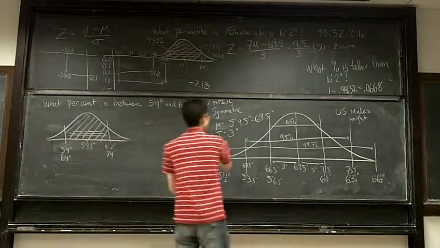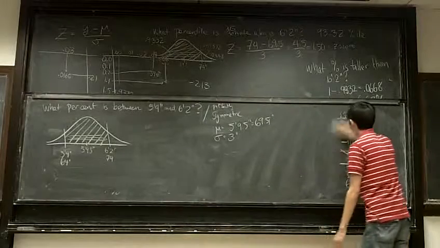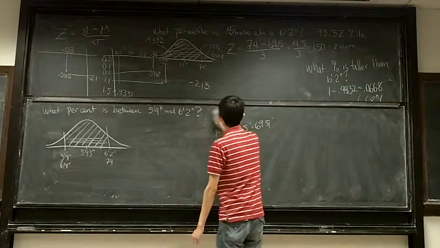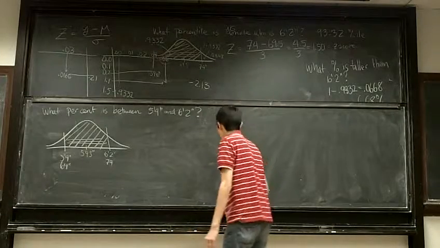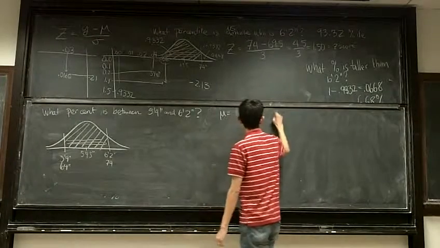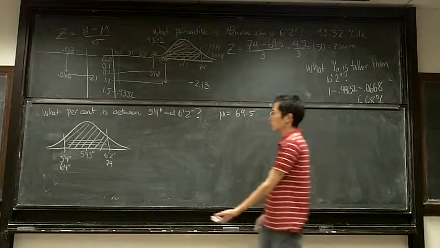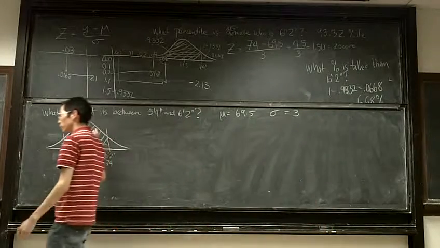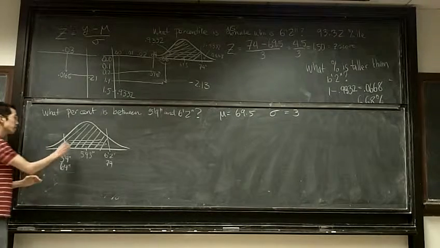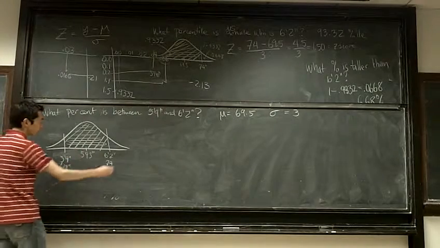I'm going to erase this to do our math. Our mean is still 69.5, and our standard deviation is still 3 inches. Again, the table only gives you the area to the left. So how do you find the area in between? We're going to break it down into two problems.